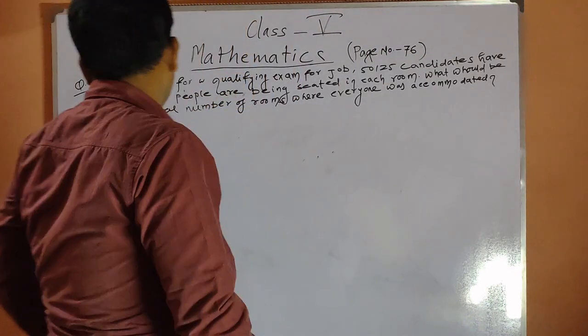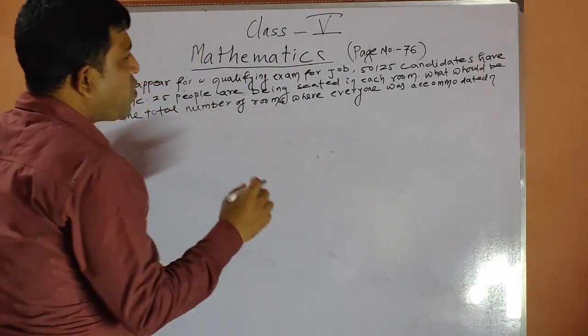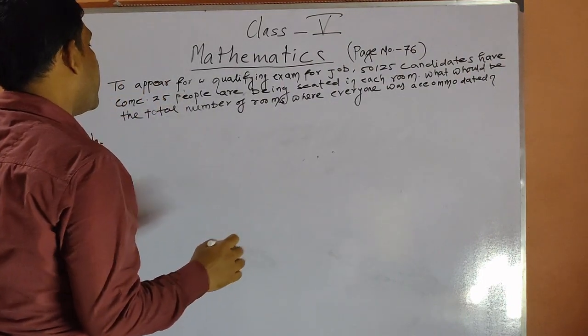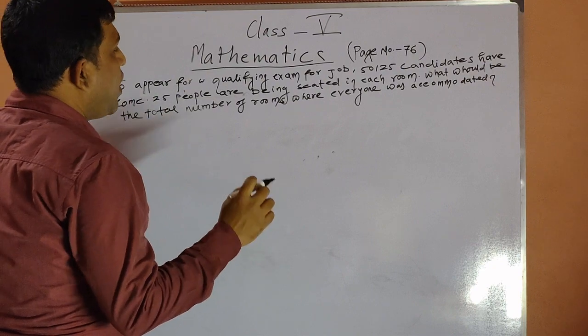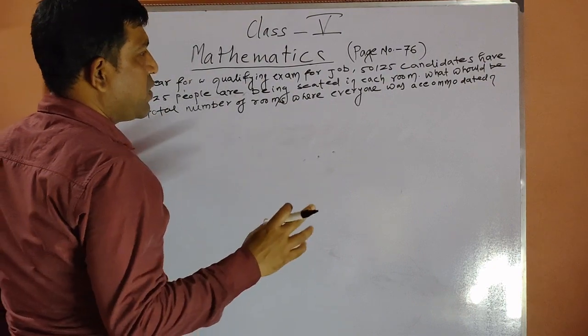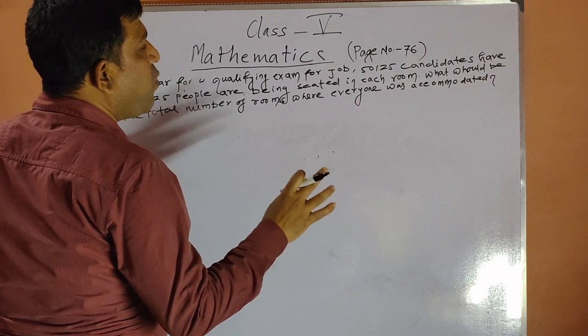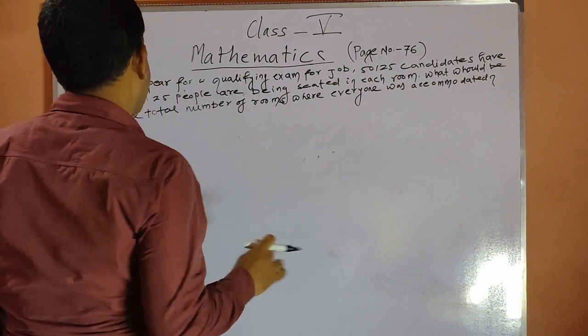Now question number 4. To appear for a qualifying exam for a job, 50,125 candidates have come. 25 people are being seated in each room. What would be the total number of rooms where everyone was accommodated?